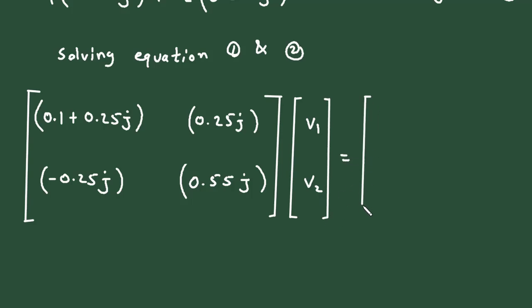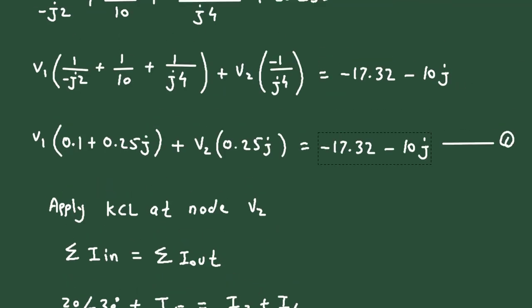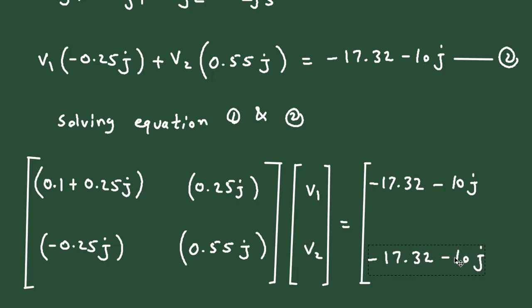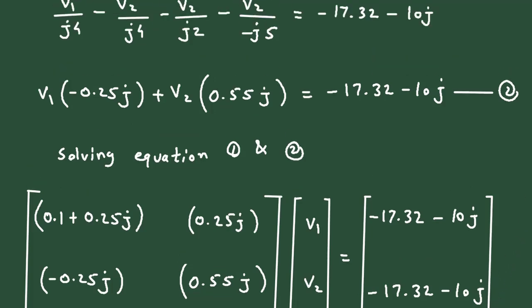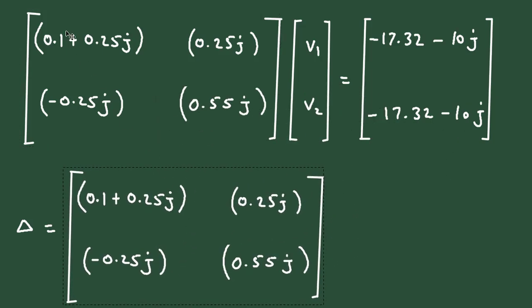is equal to, now the equal-to terms are from equation 1, it is this value, and from equation 2 again it is the same value. So let's find the value of delta. Delta is equal to, we have to take the determinant of this.